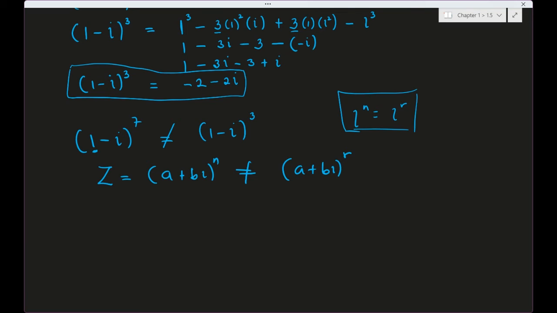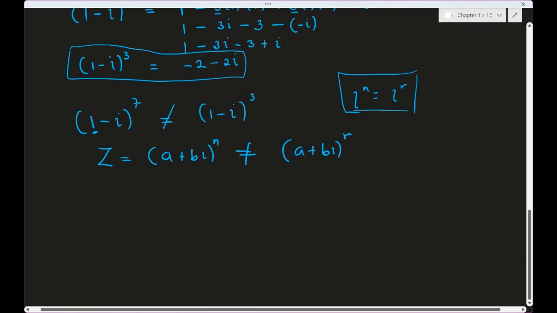Now, there is a way to handle this one. There's a way to do it, but it's above the level of this video, in complex analysis. We call it De Moivre's theorem. So you don't need this.